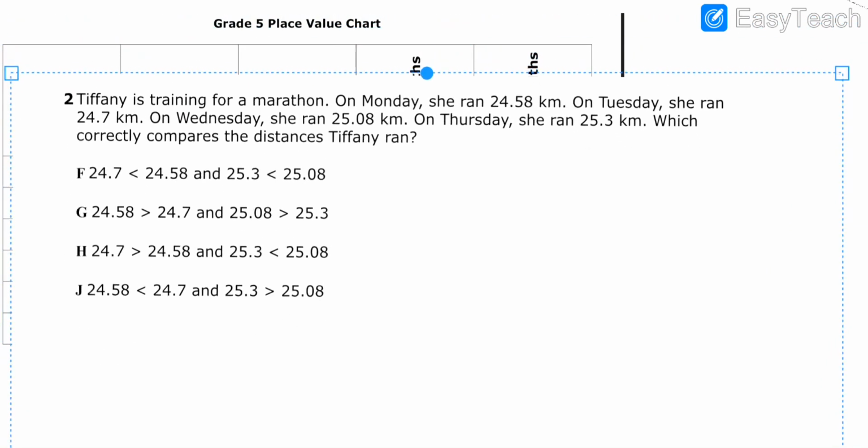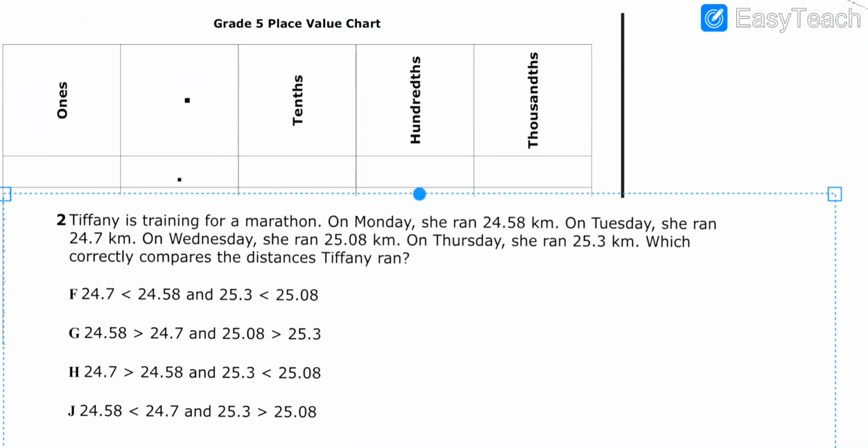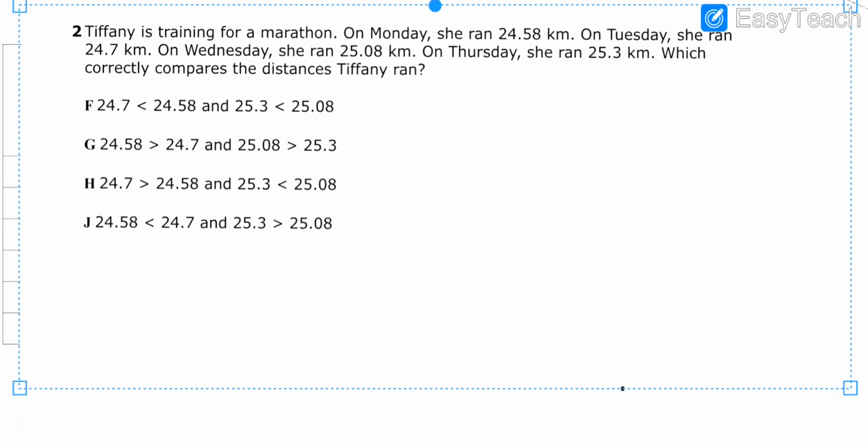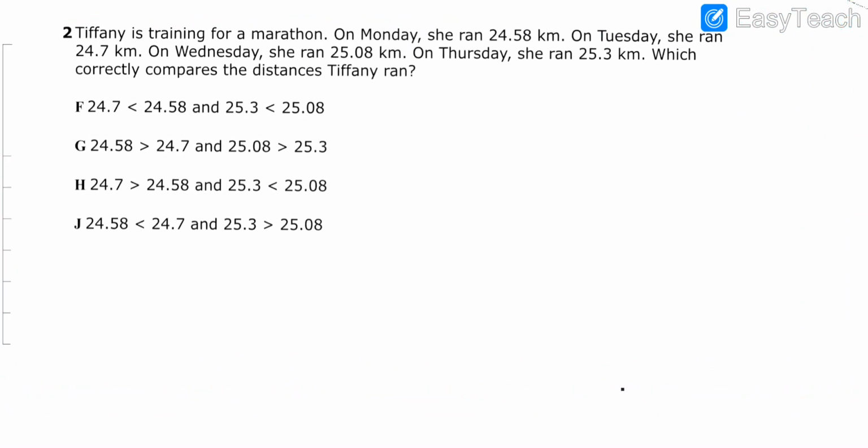Okay, so you can, again, place those numbers in the place value chart. I'm just going to list them here. So the numbers that we have are 24.58.